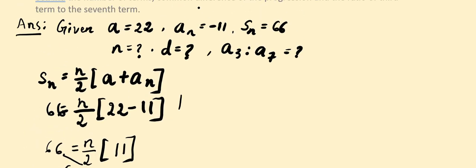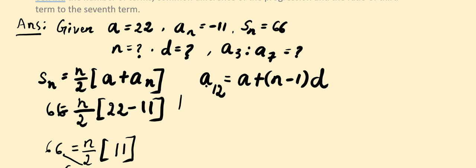Then they are asking, what is the common difference? We know the formula for the nth term, here the 12th term. What is that? a12 is equal to a plus n minus 1 into d.